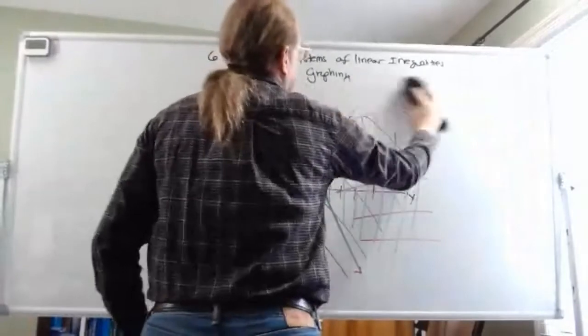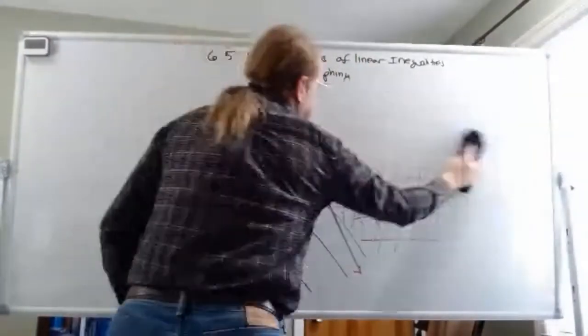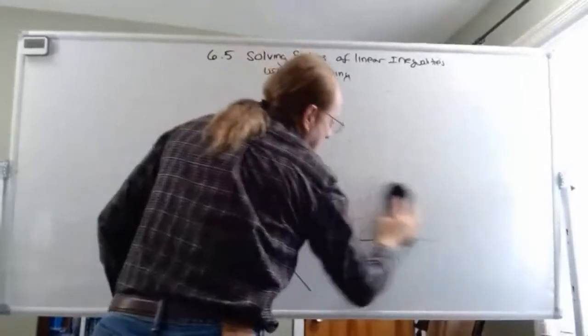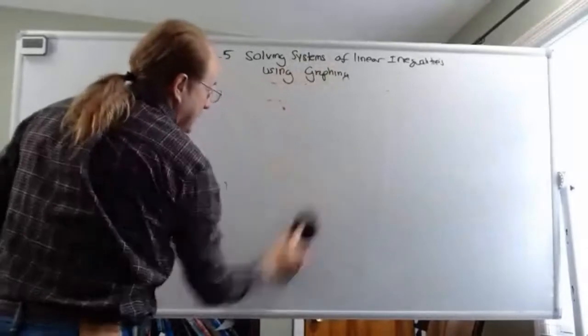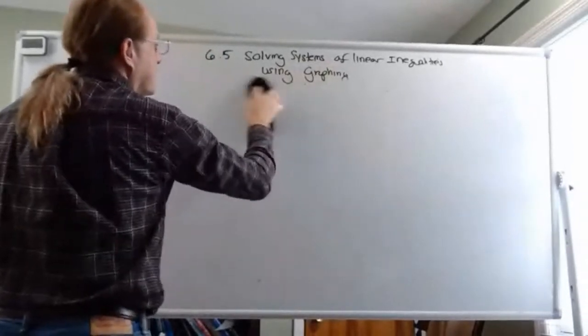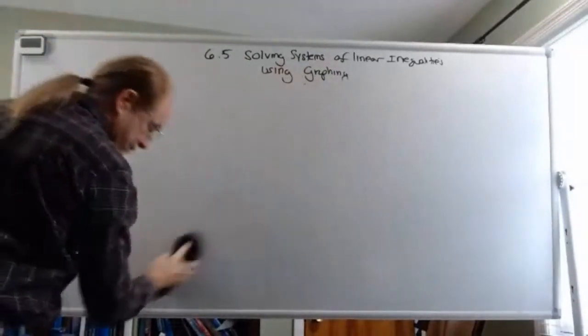Now I'll show you how it all plays out on Desmos. Desmos is a nice little feature that does that too, as well as your graphing calculators. You can take a look at those. If I have time, I'll show that. So let's do one other system over here.